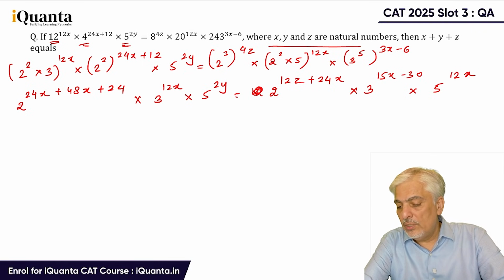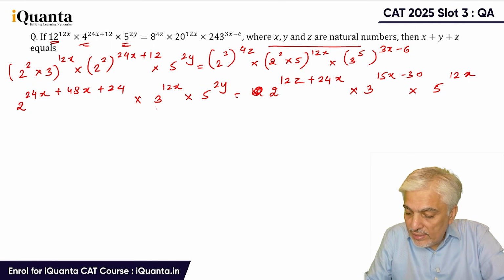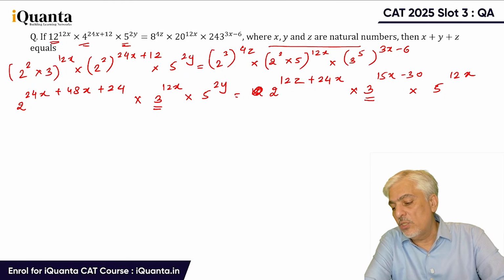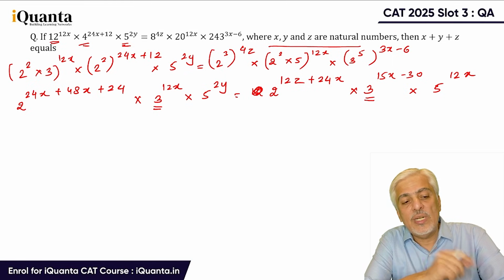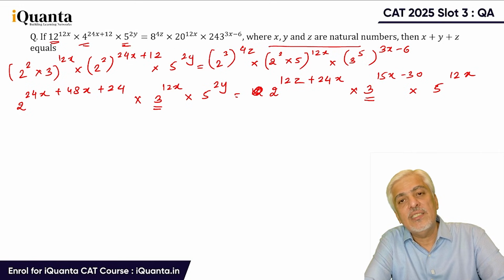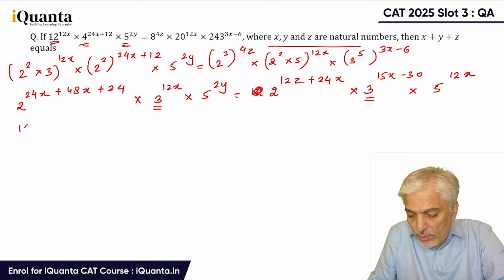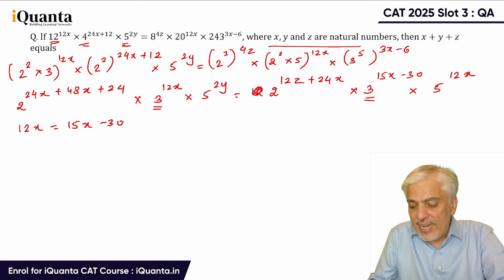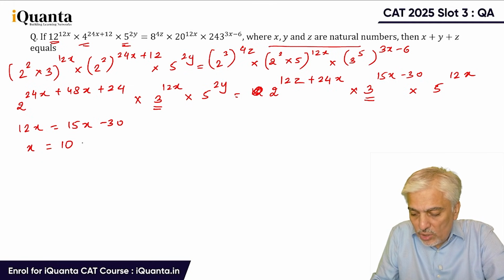Now, obviously, if you look at 3, it has only x over here and x over here also. So comparing 3 raised to 12x is equal to 3 raised to 15x minus 30, in short, I'll get 12x is equal to 15x minus 30. So minus 3x is minus 30, x is 10. So I got the first value, I've already got x as 10.